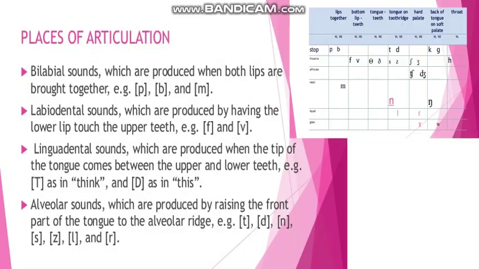Also here, the place of articulation, you can see from your diagram of the IPA. There are bilabial sounds, which are produced with both lips brought together. And we have labiodental sounds, which are produced by having the lower lip touch the upper teeth.